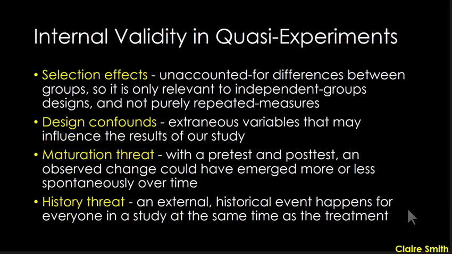And you can see how in a quasi experiment, these things might be more likely to happen if we can't control for everything quite as well, can't do random assignment. It's quite likely that we're going to see some of these threats in a quasi experiment.